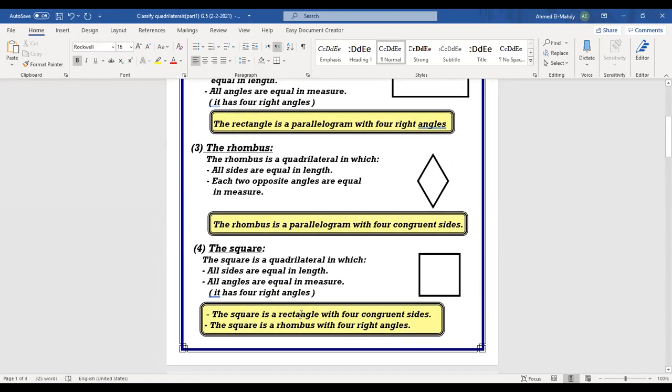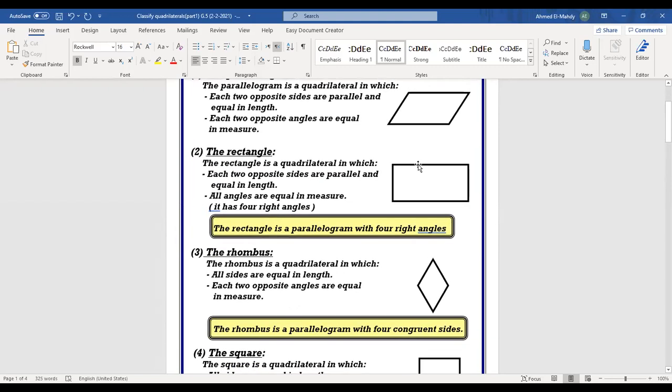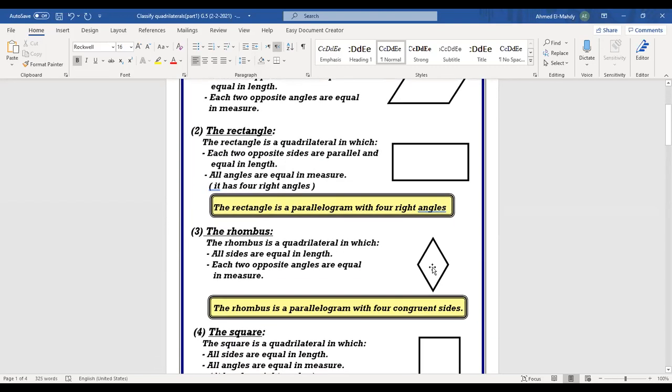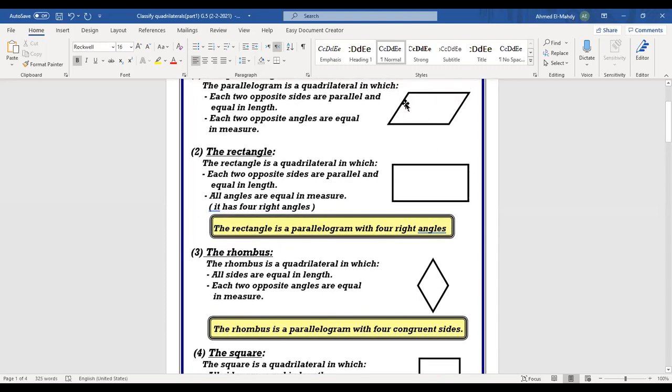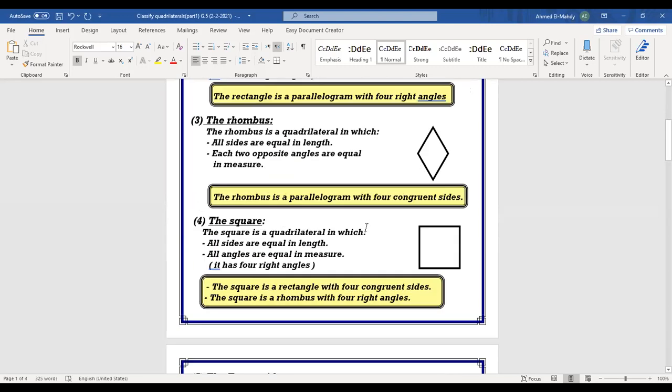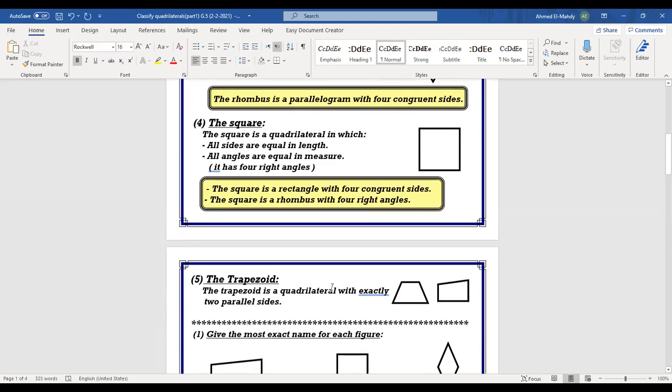The square is a rectangle with four congruent sides, and also the square is a rhombus, but with four right angles. For that, this is the family of the parallelogram: rectangle, rhombus and square are sons of the parallelogram. And the trapezoid is not in the family of the parallelogram, but it is a quadrilateral with only two parallel sides.